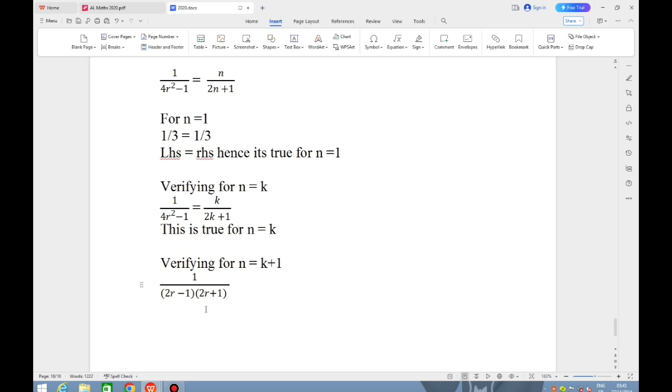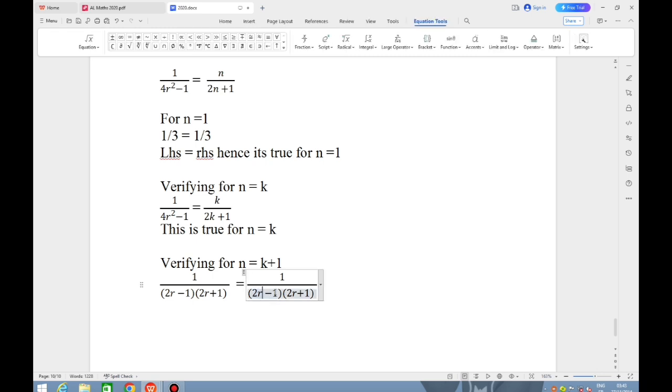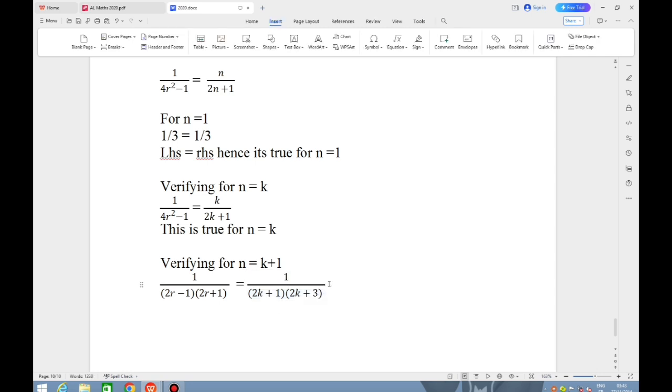Now if substituting n equals k plus 1 into this function, we're going to get 2 into k plus 1, that's 2k plus 2 minus 1, that's 2k plus 1, and here is 2k plus 2 plus 1, that's 2k plus 3. We're going to add this to what is substituted in here, and you have to show that this can give the function obtained by directly substituting k plus 1 into it.